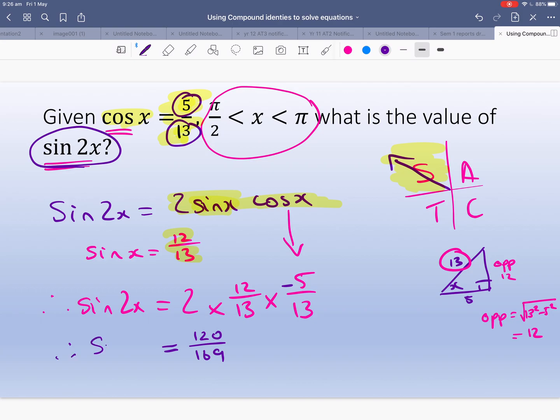So what is the value of sine 2x given all that information? Negative 120 over 169. Hopefully this helps. There's a lot of information, but it's just how we can use trigonometric identities within trigonometric equations. Peace out.